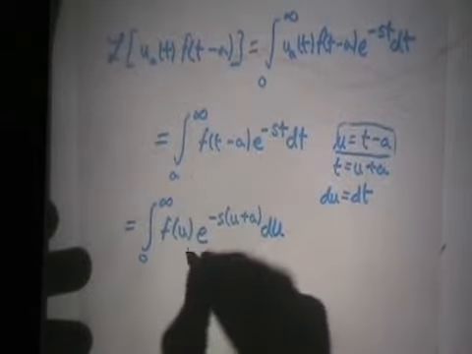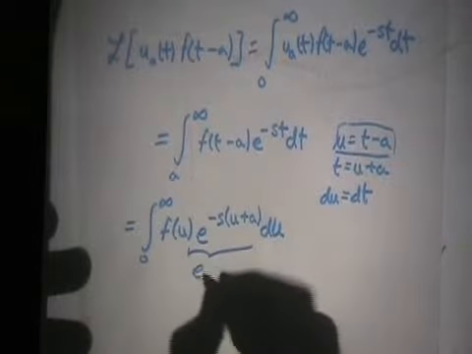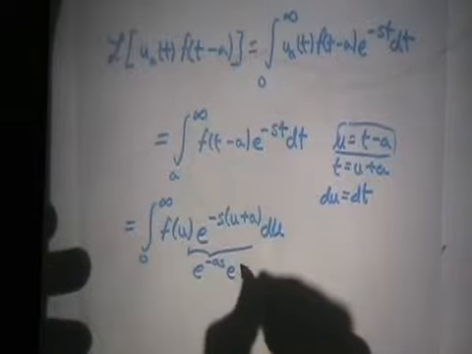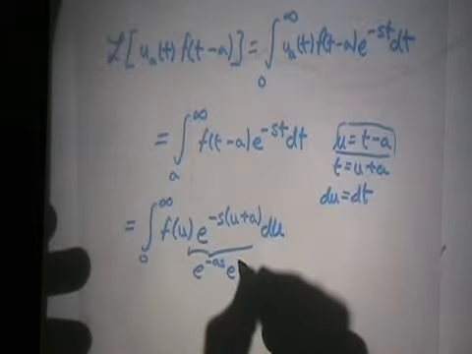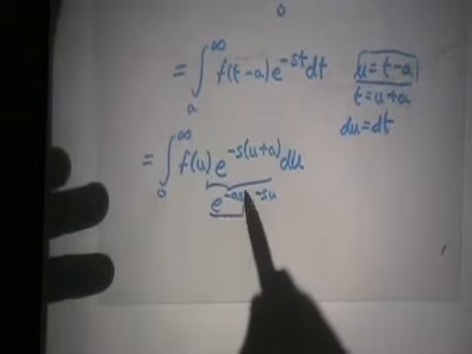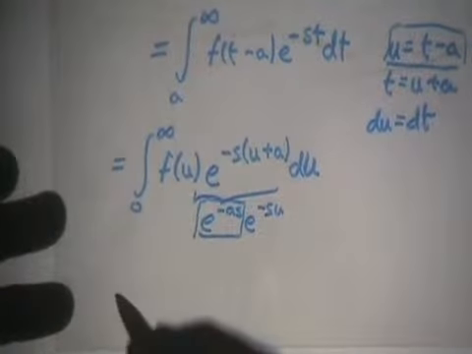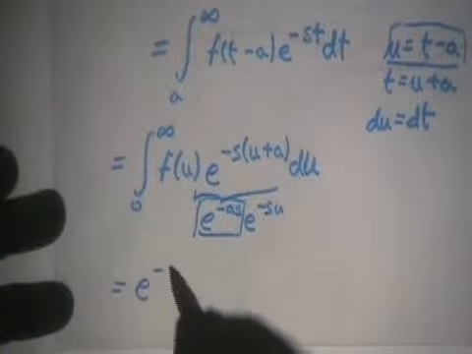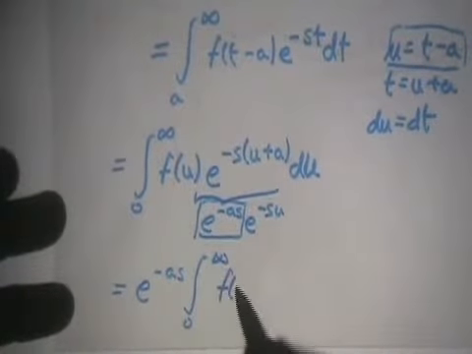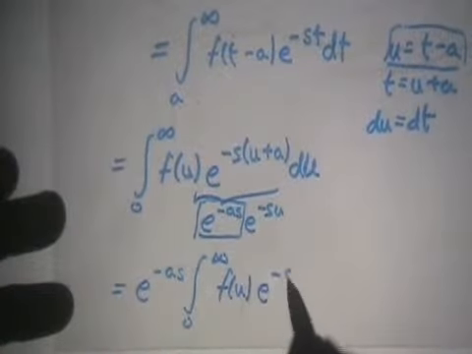And watch what happens if I use a property of exponents that allows me to write this thing like that, and then factor out of the integral that part because it doesn't depend on u. Something interesting happens when you think about it.